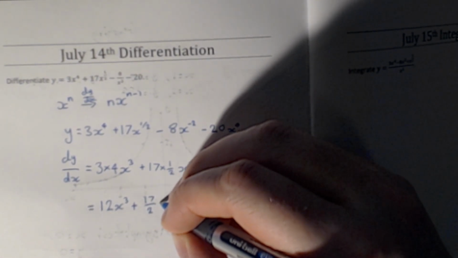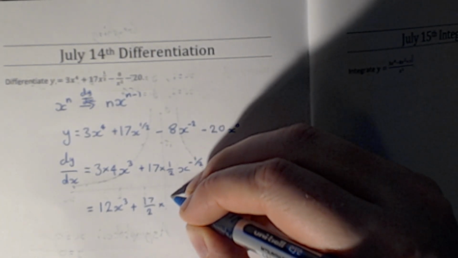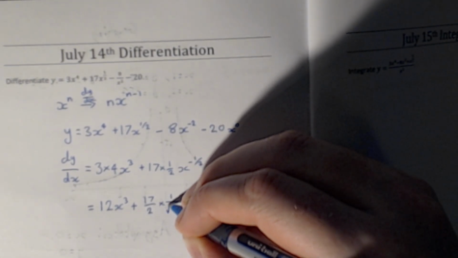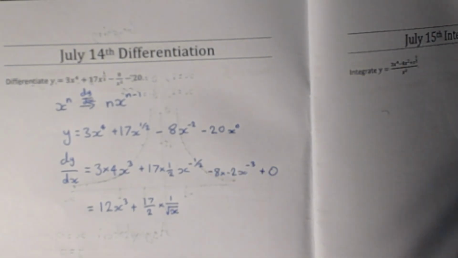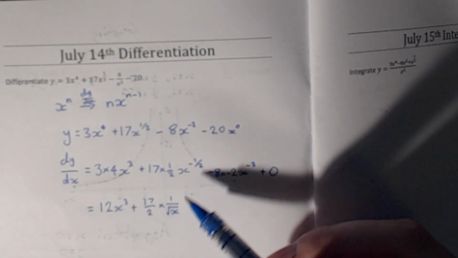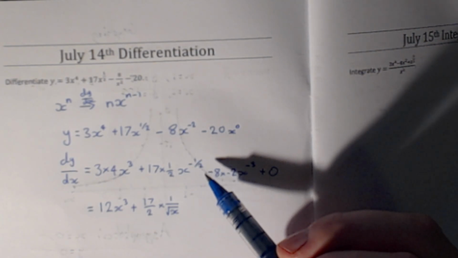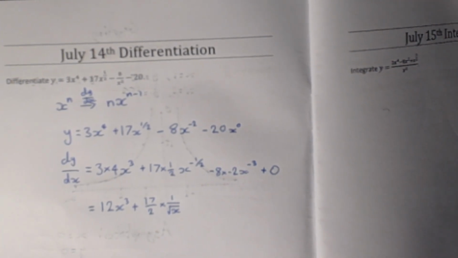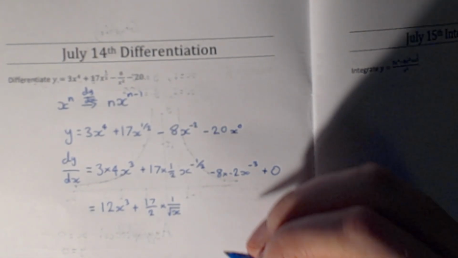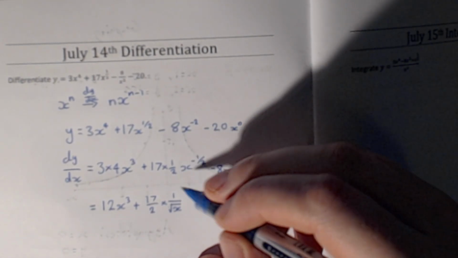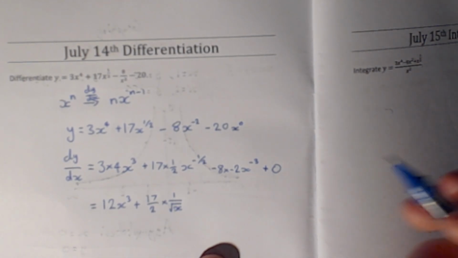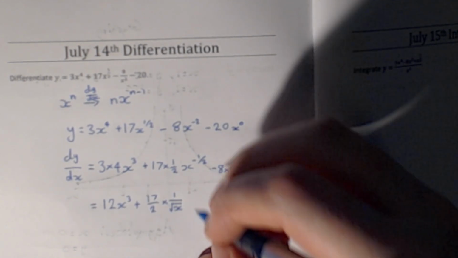So we could write this as 17 over 2 times 1 over the square root of x would be another valid form for this. Or you could leave it as x to the minus a half. It would depend on your personal preference and what the question asks you to do. And here it's left as fairly open-ended, so we can just do what we want with that.